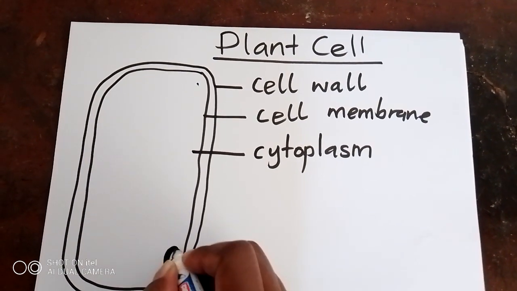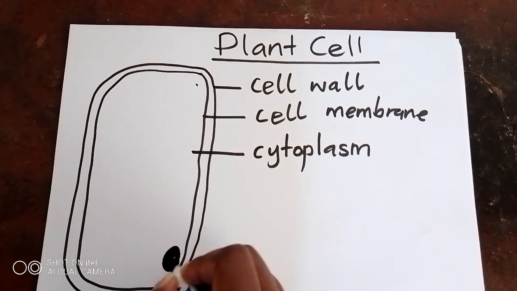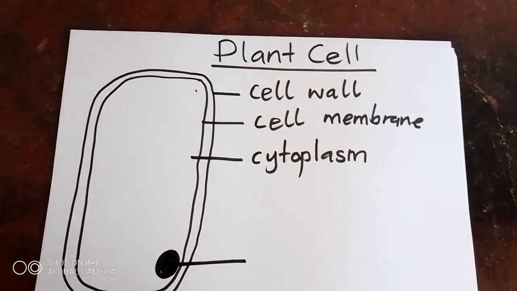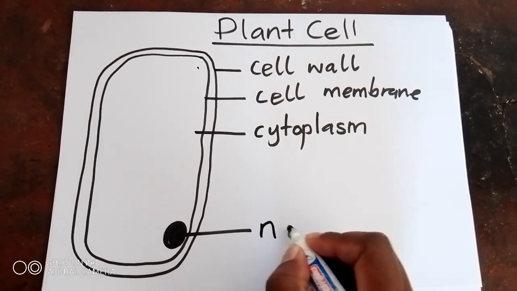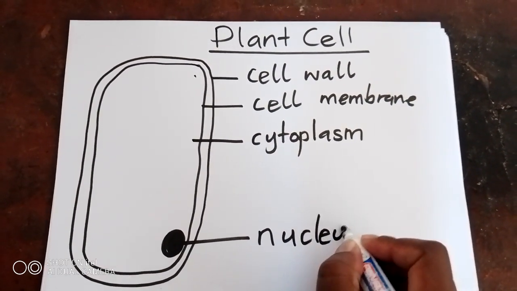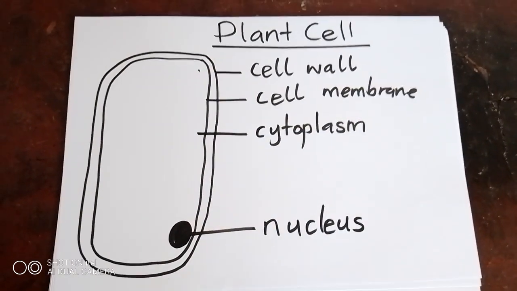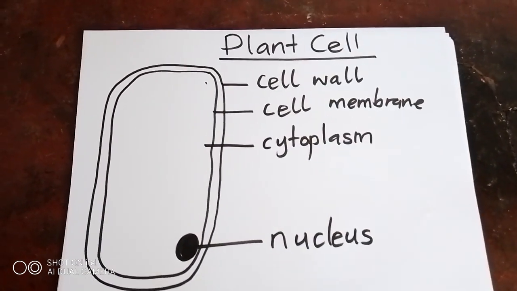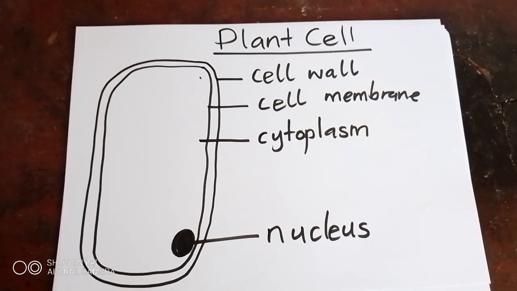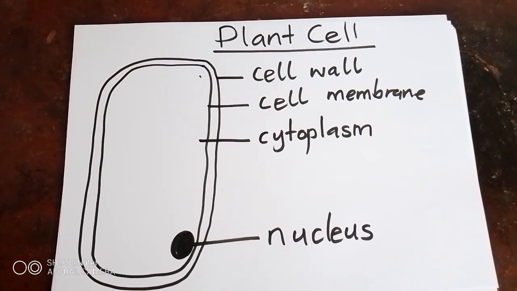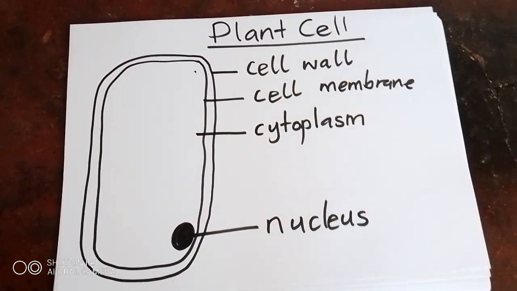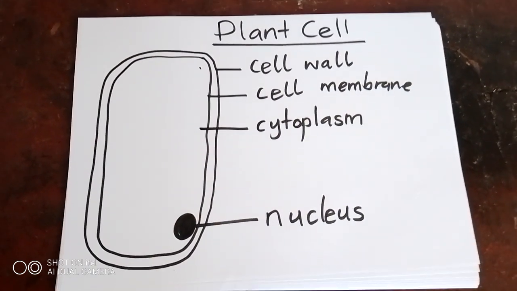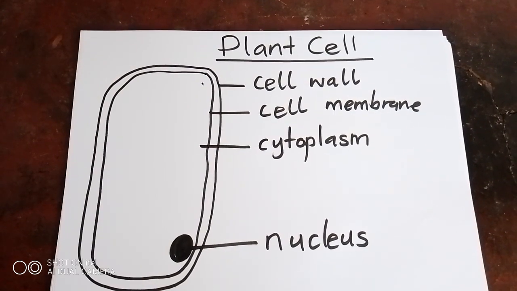The fourth part is this one, and this is what we call the nucleus. We talked about the nucleus in the last tutorial when we were discussing the animal cell, and the function is the same in that it carries the hereditary information, the genetic information of the cell.